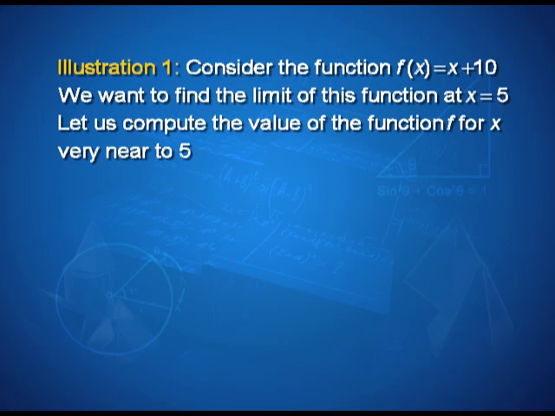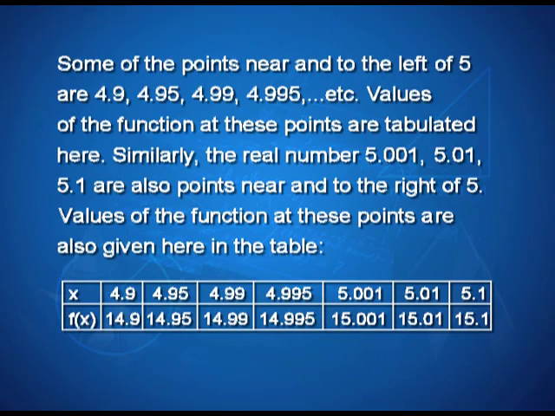Let us compute the value of the function f for x very near to 5. Some of the points near and to the left of 5 are 4.9, 4.95, 4.99, 4.995 and so on.